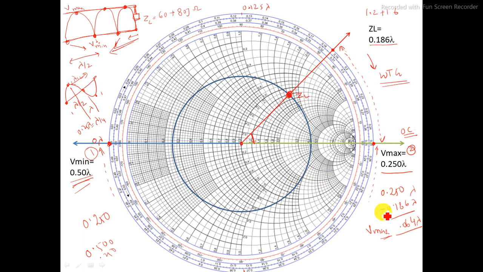V maxima was 0.064, so V minima will be 0.064 plus 0.250, which is 0.314 lambda. So V minima will be 0.314 lambda. This way we can find the V maximum and V minimum point for a given load.